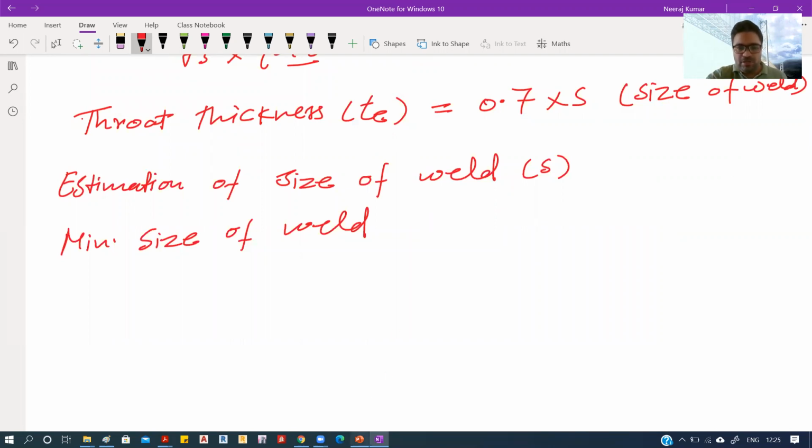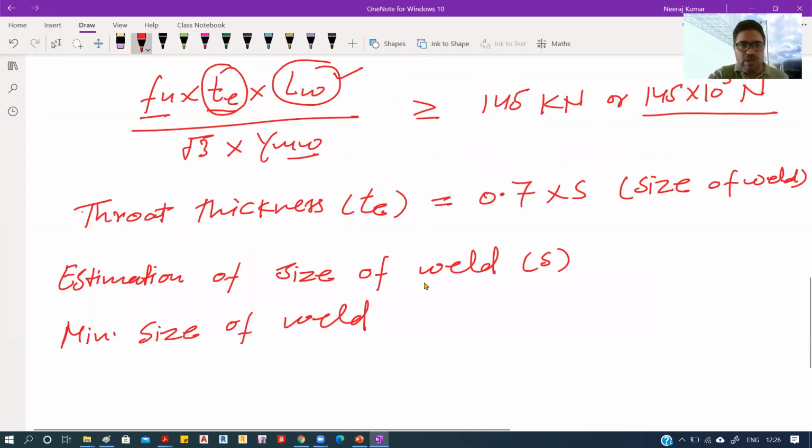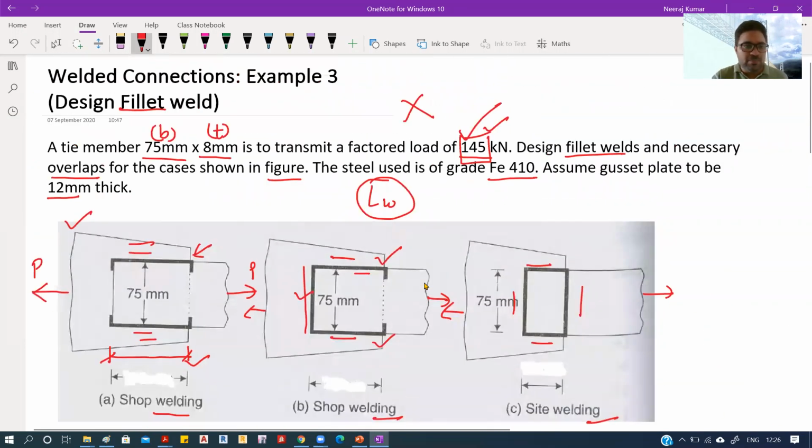So here in the lecture I will show you. So this is the slide that I have already mentioned. So minimum size of weld can be found using this table. While calculating the minimum size of weld, we generally consider the thickness of the thicker part. In our case, we have two members to join. One is the gusset plate.